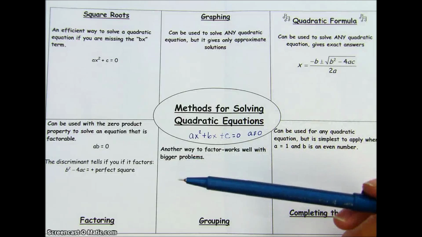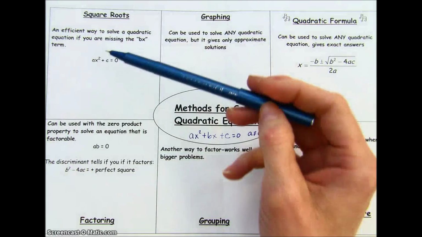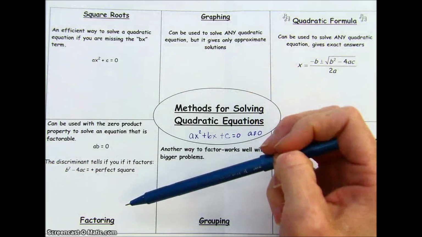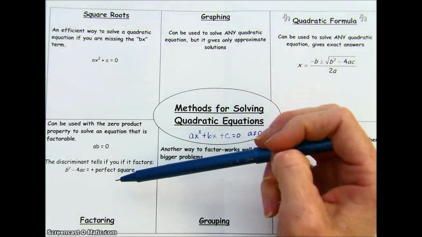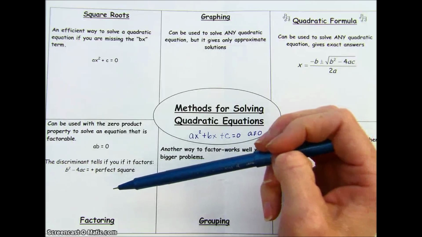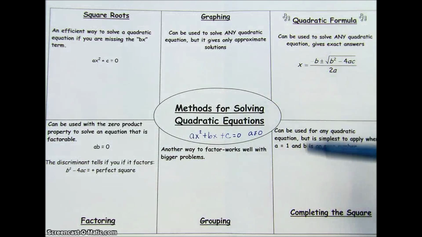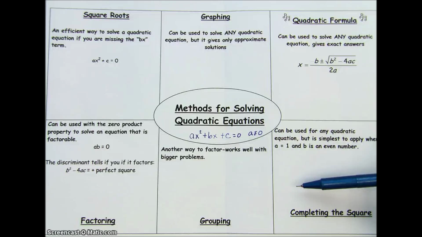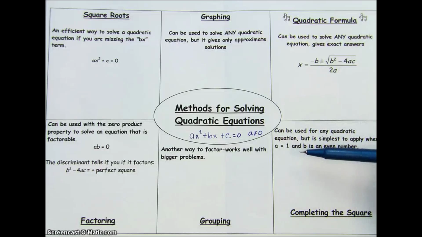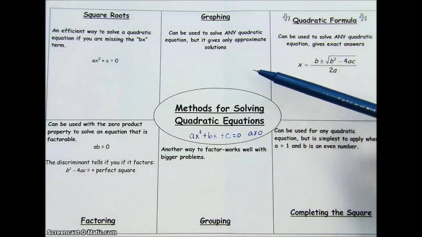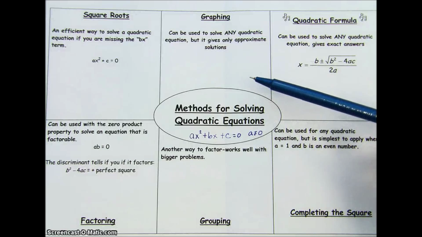Sometimes some of the methods will not always work, such as square roots and factoring. But if you can get them to work, you will have less work. Well, the quadratic formula and completing the square will always work, but sometimes it will require you to work a little bit harder. And graphing will work, but technology using a graphing calculator is best.